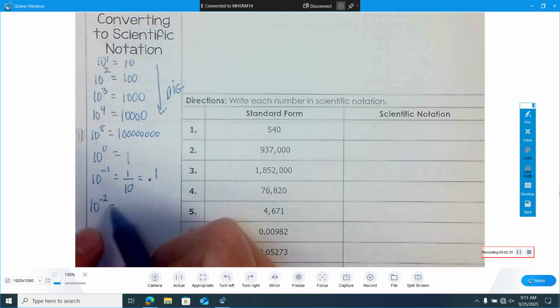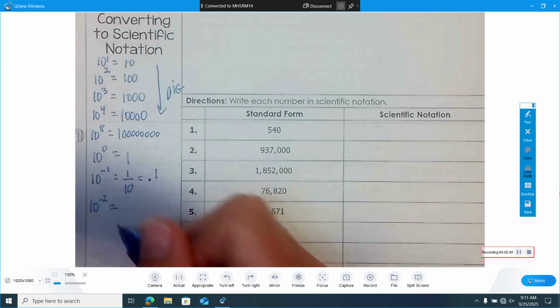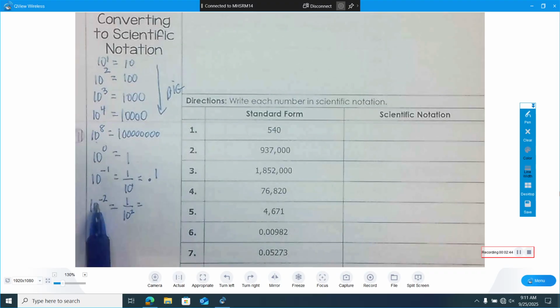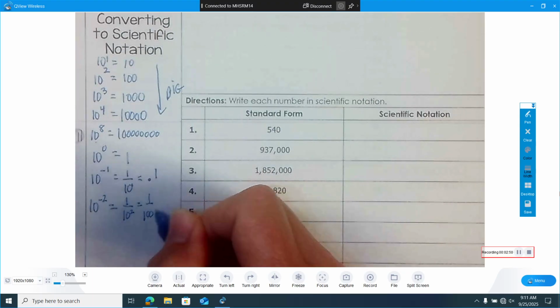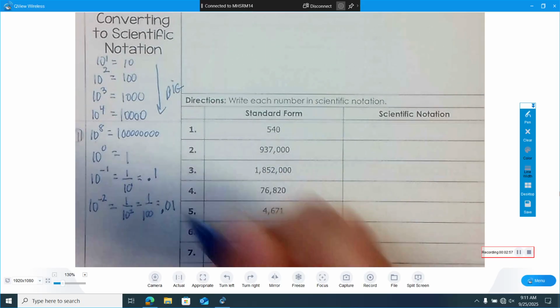Remember, happy or sad exponents here? Sad. So it becomes 1 over 10 squared because it's sad up here in the numerator. It wants to go down to the denominator. Well, that becomes 1 over 100 or 1/100th. And what is that decimal? 0.01.